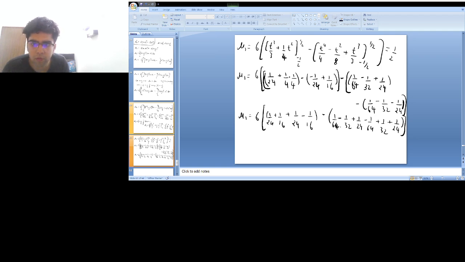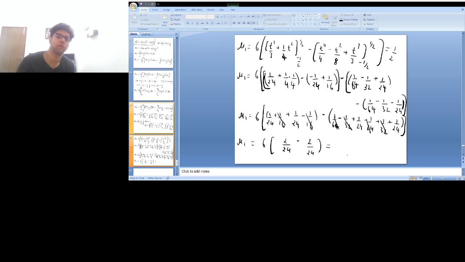So these are the two expressions. This goes away, this goes away. We are left with 1 upon 24, so what we are left with is 6 into 2 upon 24 minus 2 upon 24. This is coming out to be equal to 0.